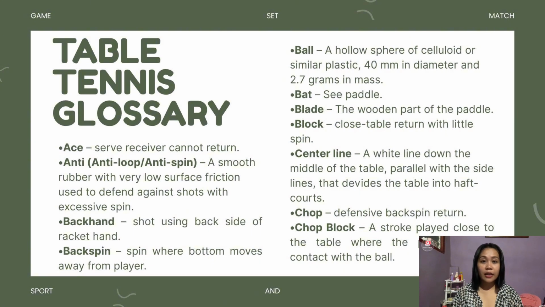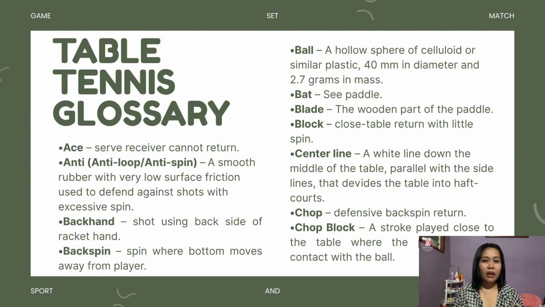And a center line is the white line in the middle of the table that divides it into two equal halves. So this line is especially important during doubles matches because it determines the proper serving area. And a chop is a defensive stroke that creates backspin by moving the paddle downward while contacting the ball.